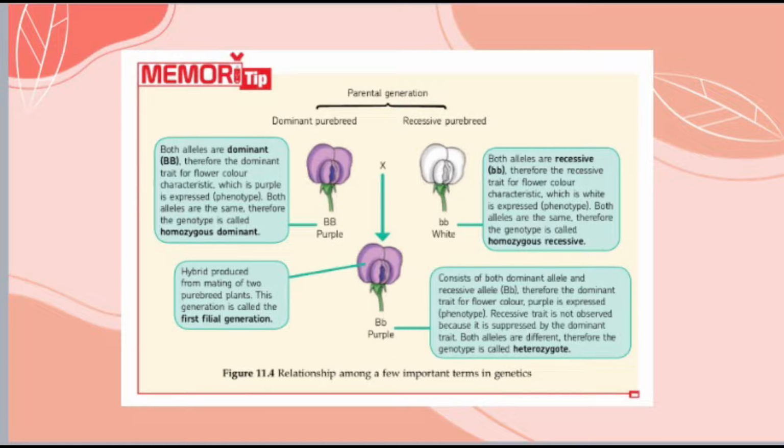This is represented by capital letter B and small letter b. Therefore, the dominant trait for flower color, purple, is expressed as its phenotype. The recessive trait is not observed because it is suppressed by the dominant trait. Though both alleles are different, therefore the genotype is called heterozygote.